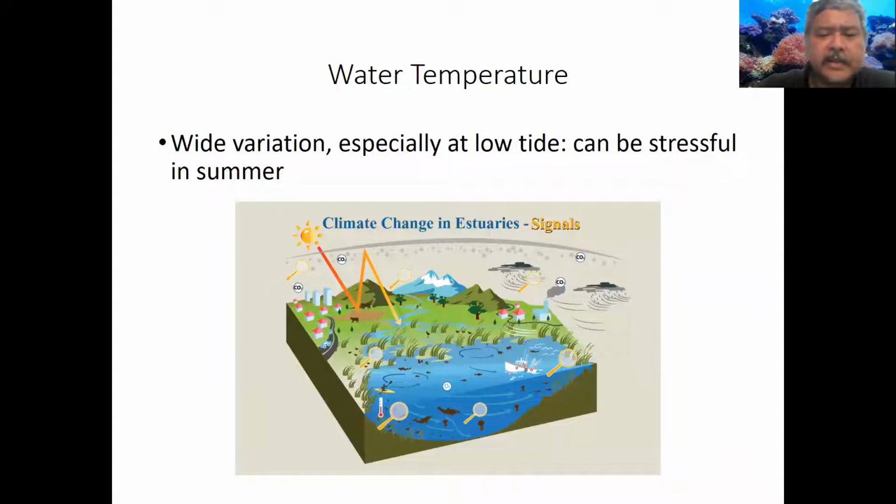So remember, estuaries are areas where the water mixes from the ocean and the fresh water, and in the estuary regions you have different abiotic conditions, like the temperature that changes and the salinity that changes. Speaking of temperature, it says wide variation, especially at low tide, can be stressful for the animals, especially in the summer.